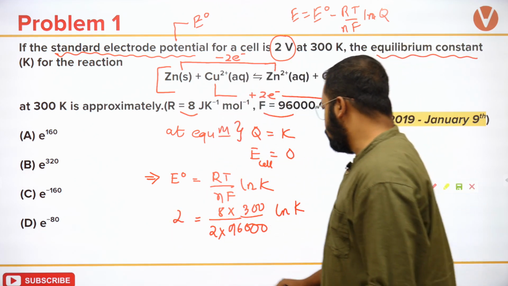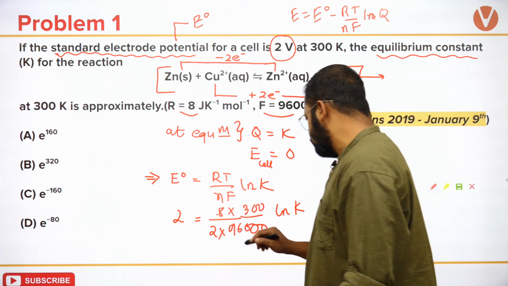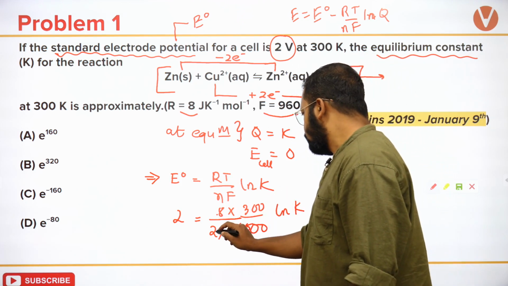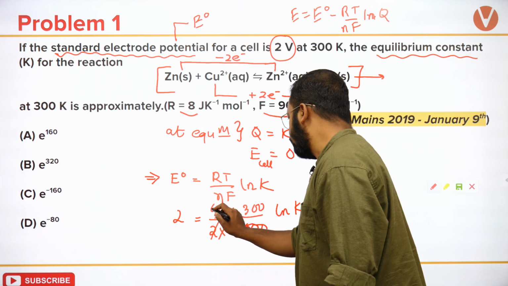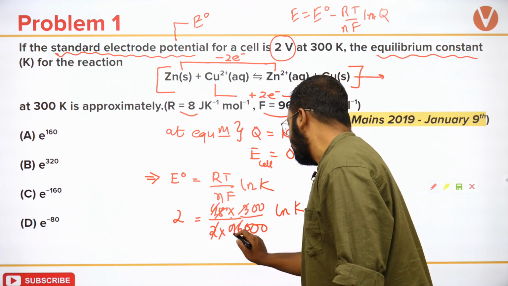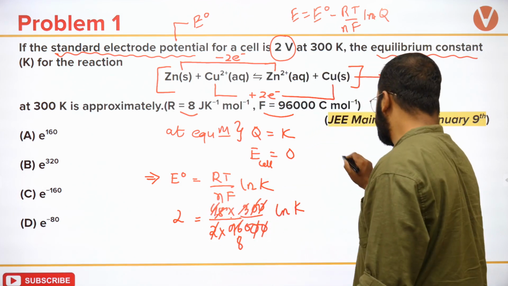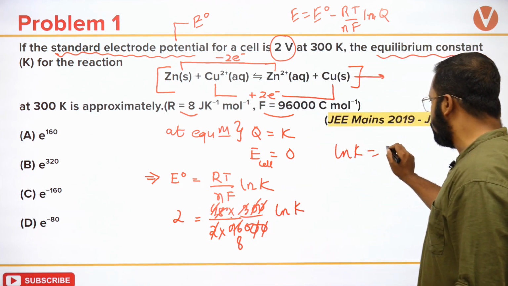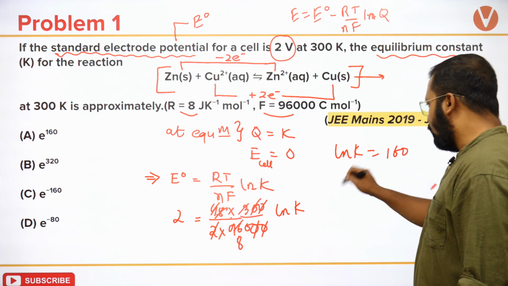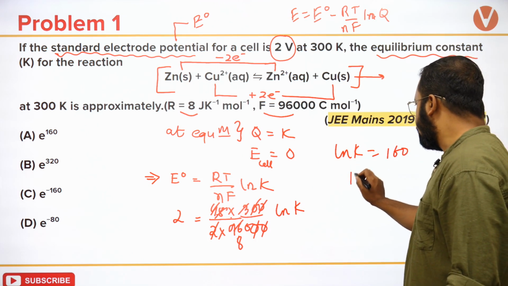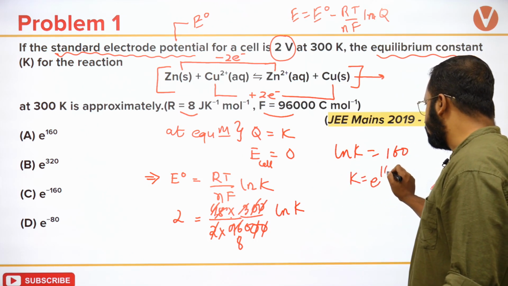Okay, if I try to solve this, so this becomes 4, 4, 3, 12, 12, 8, and this goes out. So 80 times 2, so ln K is equal to 160, or K is equal to E to the power 160.